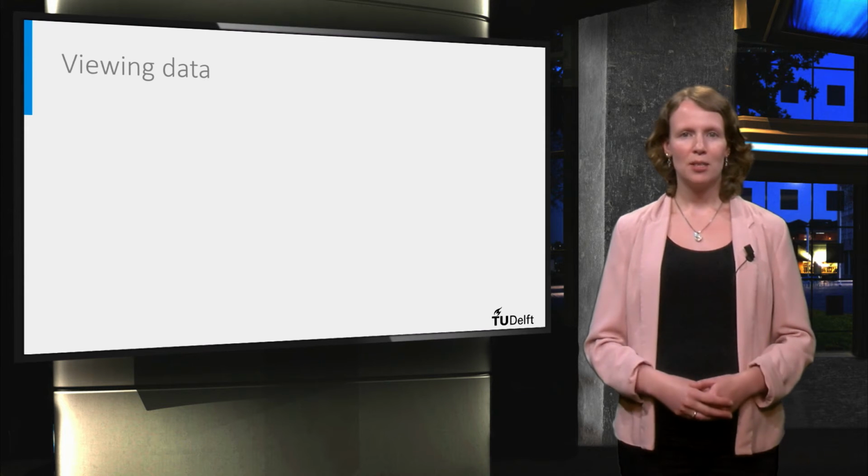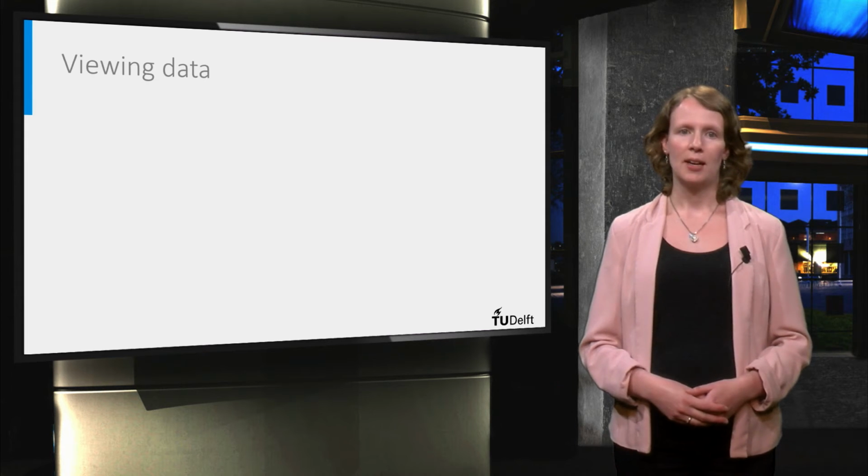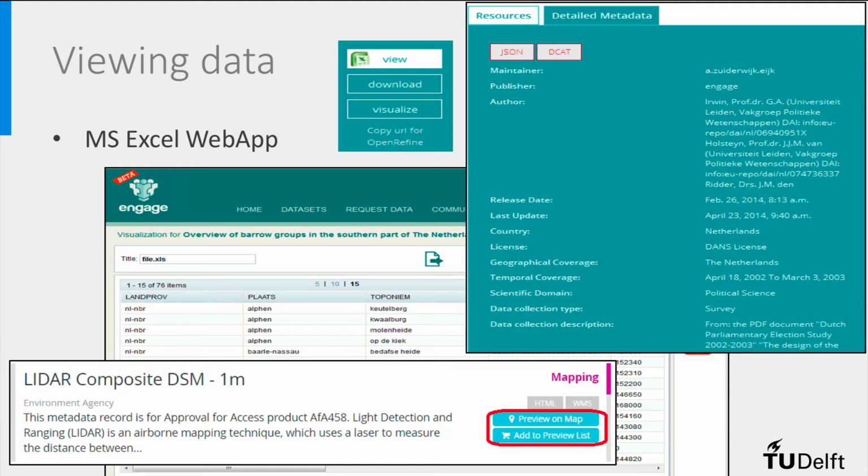Another aspect that is important in determining which dataset to select is viewing or previewing the data. To get an impression of the quality of the dataset, one needs to have a look at its metadata. Some open data portals use tools that allow the user to have a quick look at the dataset without the need to download the data, such as the Microsoft Excel web app.